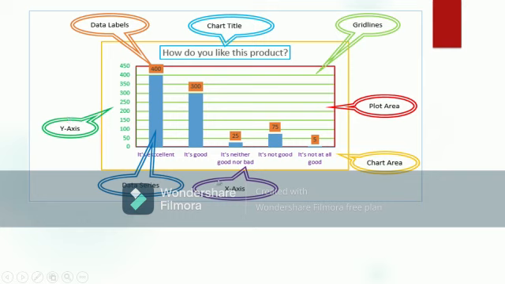Then the next one. Chart area. What is this one? Yes, this total box belongs to the chart area. It refers to the area within which all chart components are placed.